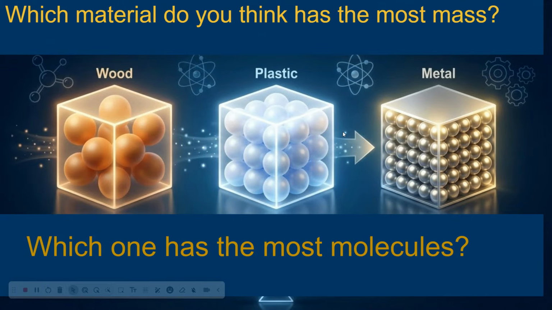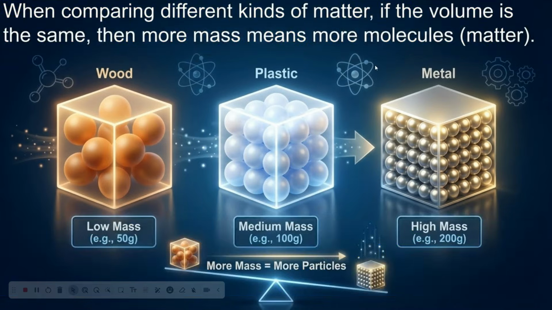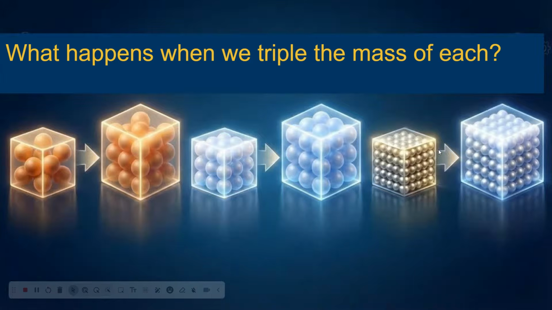Well, which one has the most molecules? When comparing different kinds of matter, if the volume is the same size box, then more mass means more molecules or more matter. Low mass, medium mass, high mass. Mass and molecules can be compared the same if the volume is the same.